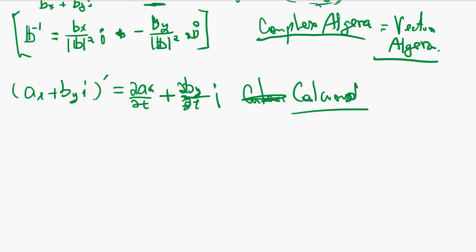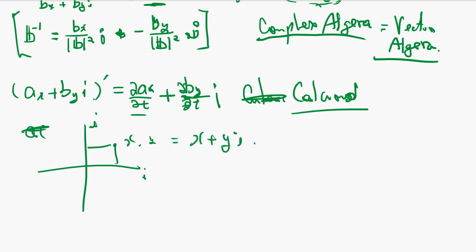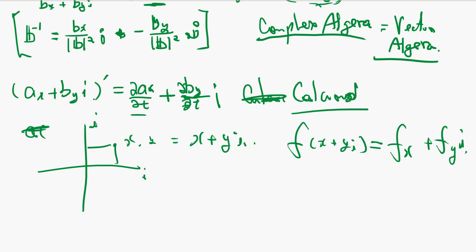Okay, so multi-variable, it can depend on, say you have a function, and say this is x and y, that is x plus yi, and the function is defined using x plus yi, has fx plus fyi. So multi-variable, multi-output.